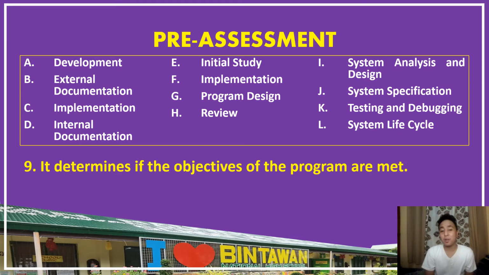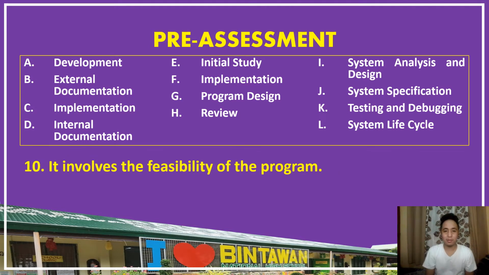Number nine, it determines if the objectives of the program are met. And last but not the least, number 10, it involves the feasibility of the program. Okay, later on, we're going to check your answers.